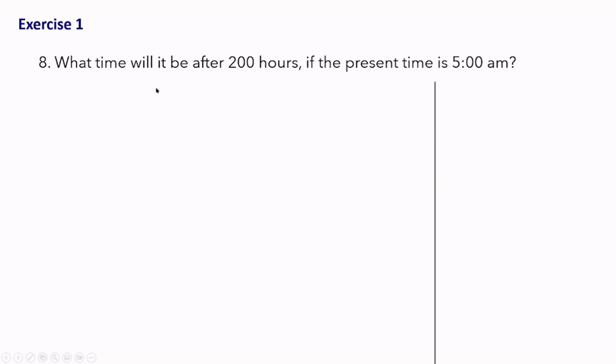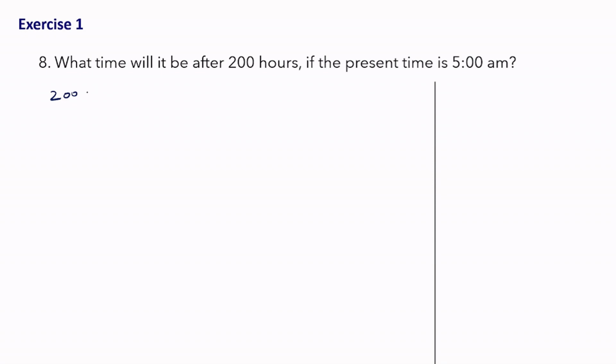Next question, what time will it be after 200 hours if the present time is 5 am? So we have to find the time 200 hours after 5 am. So let us find the remainder when 200 is divided by 24. In that case we will get the number of hours after 5 am in 24 hours format and then we can find the time accordingly.